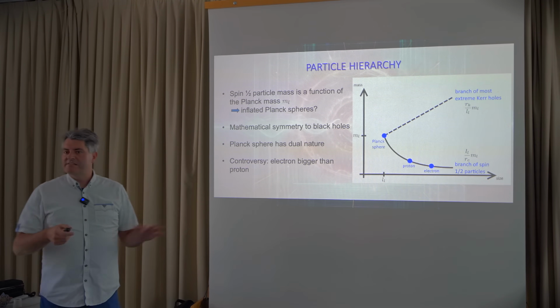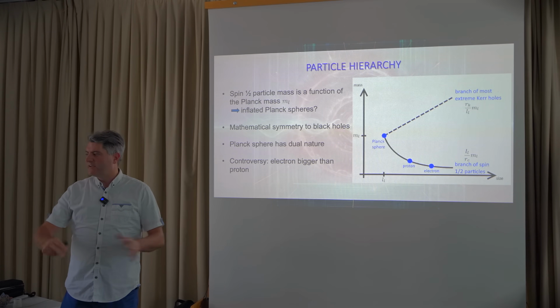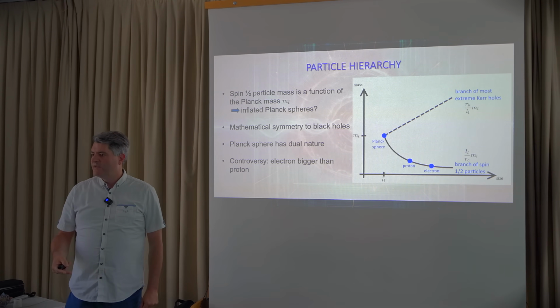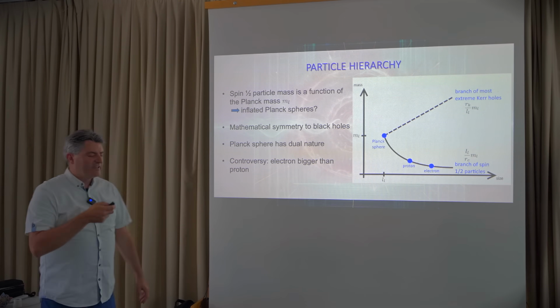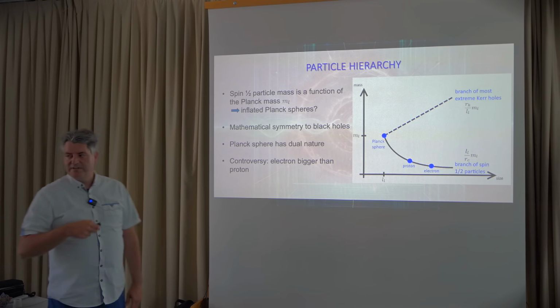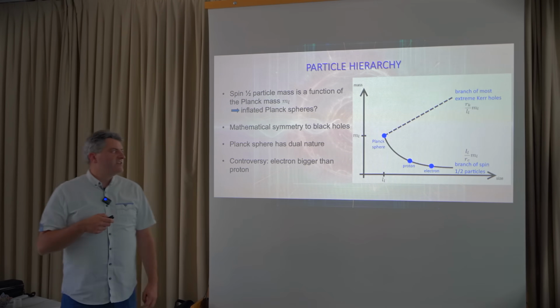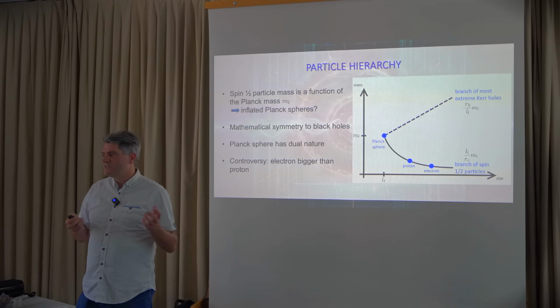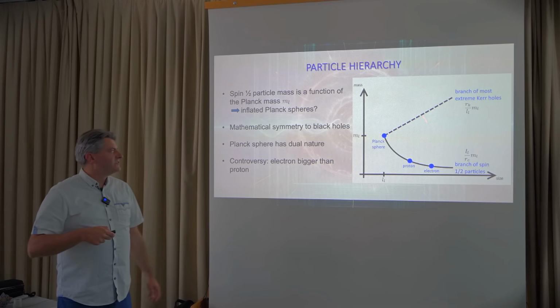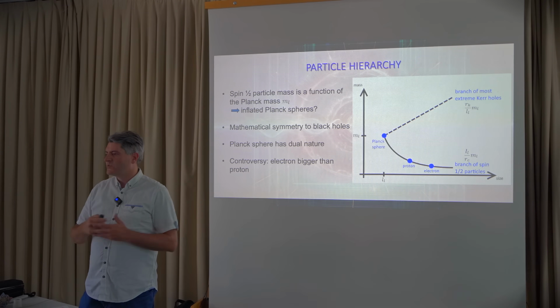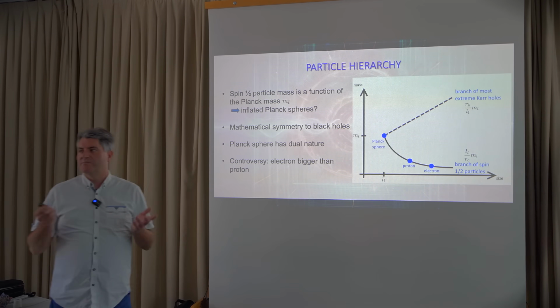As I will show on a later slide, I think that Planck spheres are like the substrate of space, and maybe some of them inflated during the Big Bang or whatever, and during that inflation they created these other particles, and the inflation process somehow leads to a reduced effective mass. They started out with the Planck mass, but with that inflation process they somehow lost effective mass, maybe.